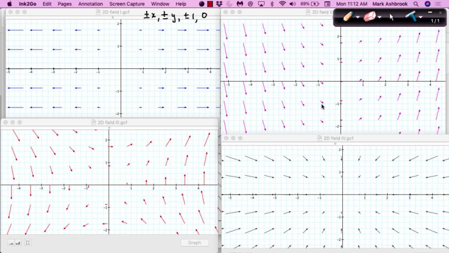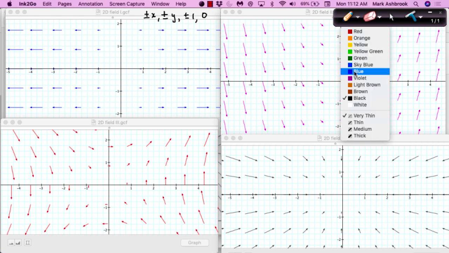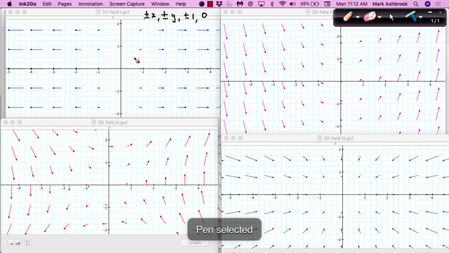All right, Lily, did you get this first one? What do you think? X, 0. Can you explain how you came up with that? I saw that the x components of the vectors were increasing as x increased.